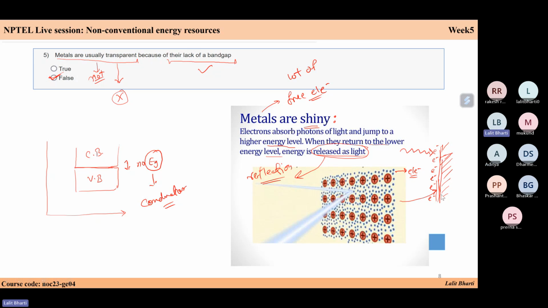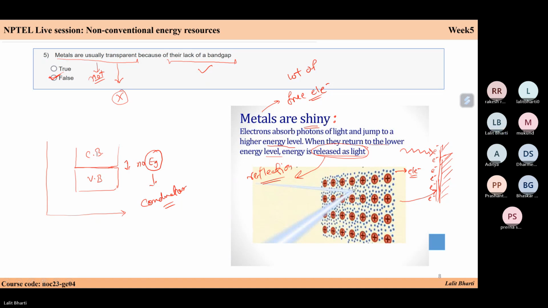So in detail, it is mentioned here. This layer of charges, or the electrons, will absorb this light. They will go to the higher energy state, and simultaneously they will come to the lower energy state, and they will emit almost the same EM wave or the same light absorbed by them.